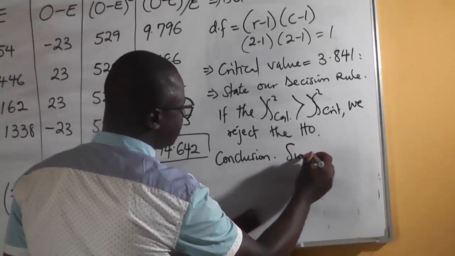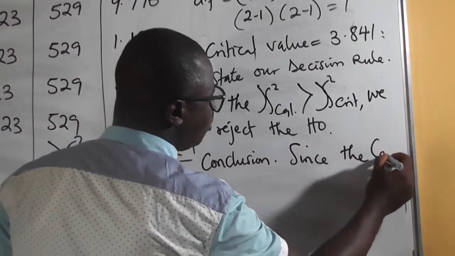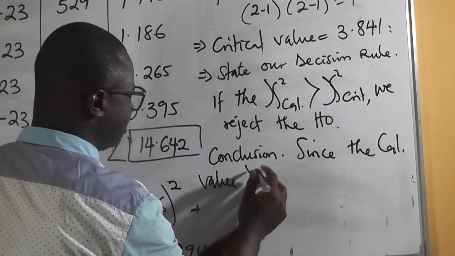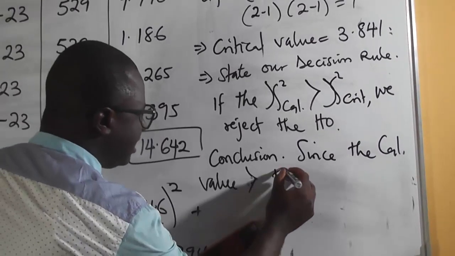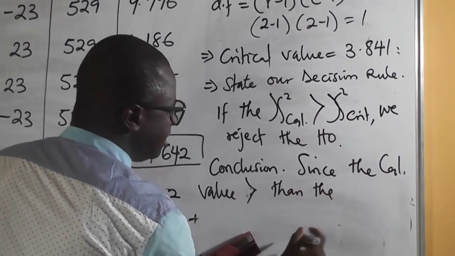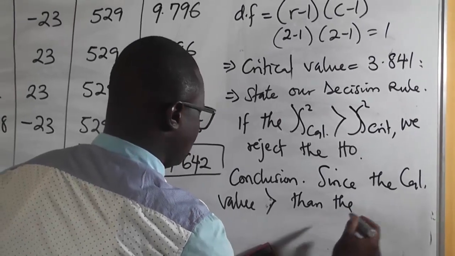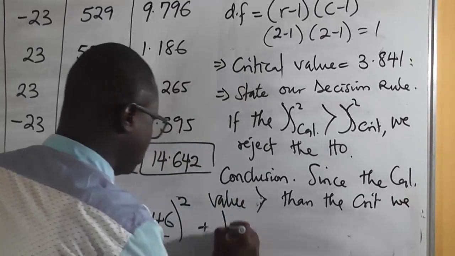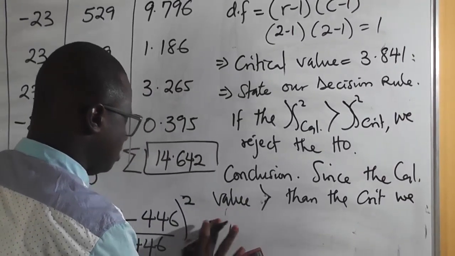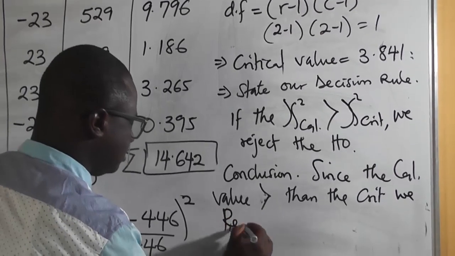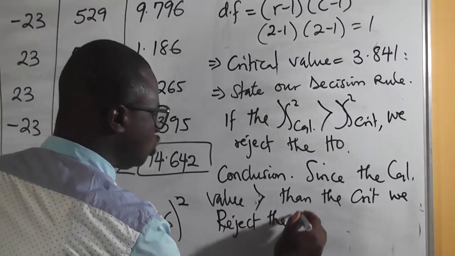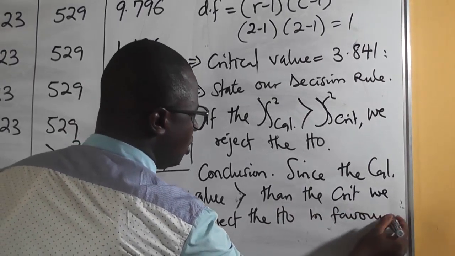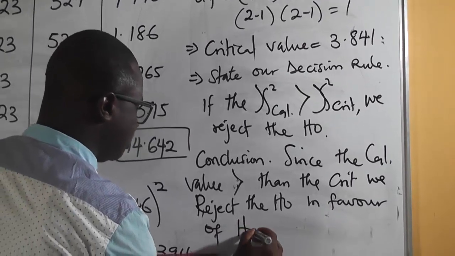Since the calculated value is greater than the critical value, we reject the H0 in favor of HA.